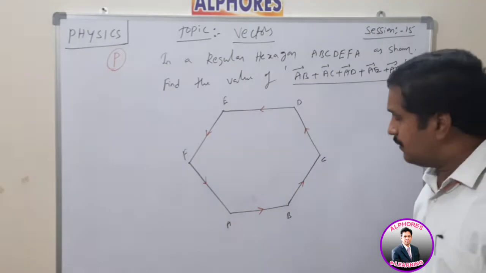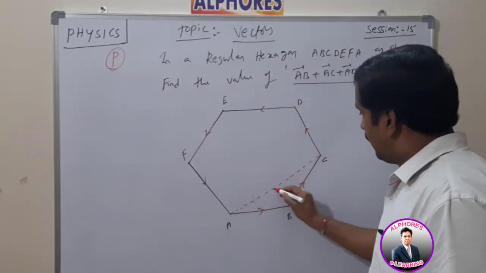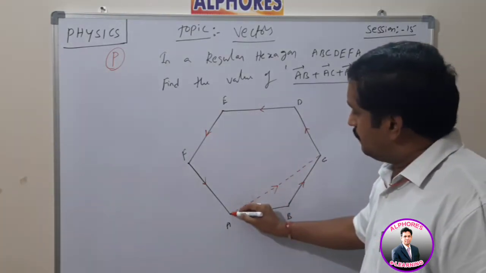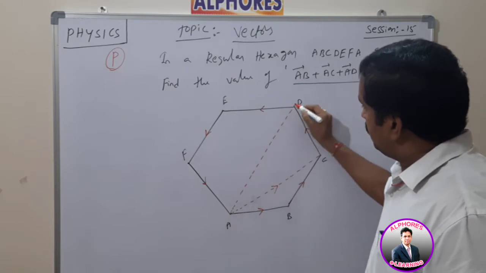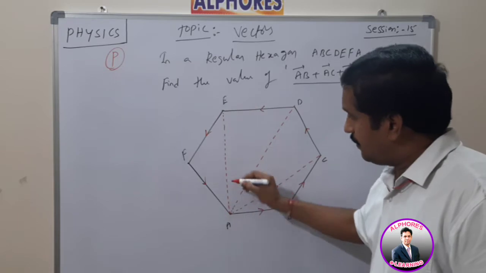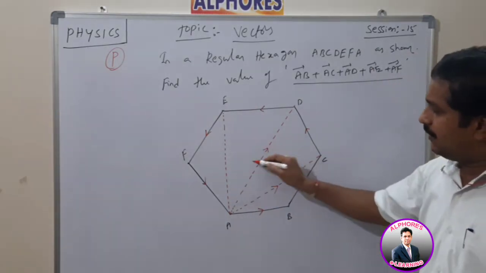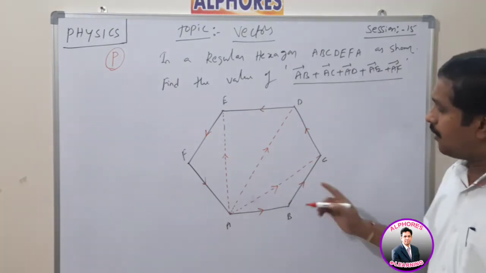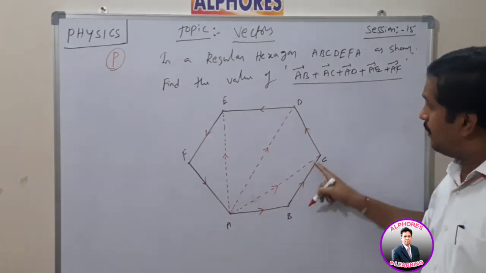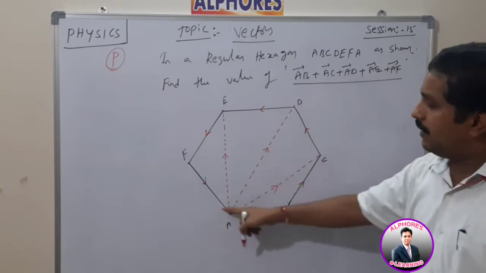Now I have to find the sum of AB bar, and this is AC bar, which was explained yesterday, and this is AD and this is AE. Okay, that means this is AC, this is AD and this is AE. Now I have to find the value of AB bar, this vector, AC bar, this vector, AD bar, this one, AE bar and AF bar.